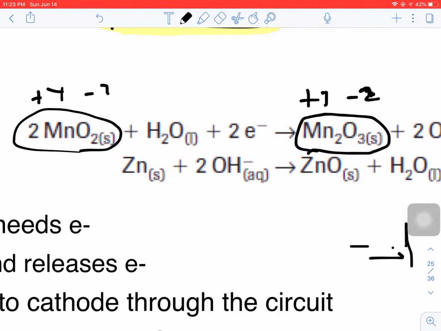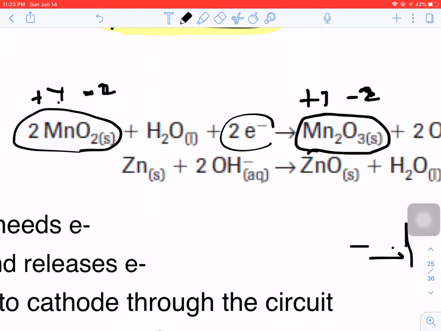So notice that the manganese is going from +4 to +3. How do I do that? I have to lose some positive charge, or I do that by gaining electrons. But there are 2 manganeses, so I'm going to need 2 electrons to make the transition.